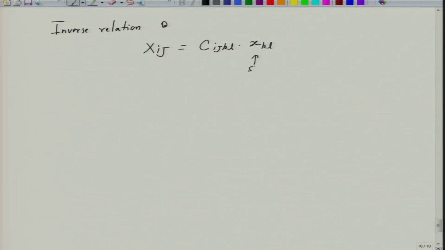So, this is strain, this is elastic stiffness or elastic modulus, this is again a rank 4 tensor, this is in Newton per meter square and this is stress.